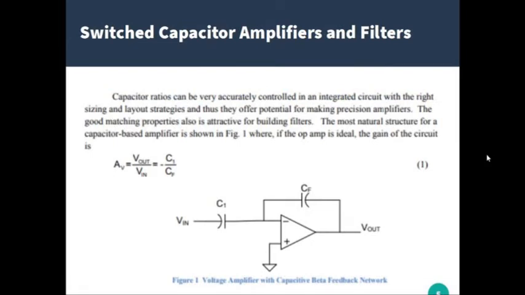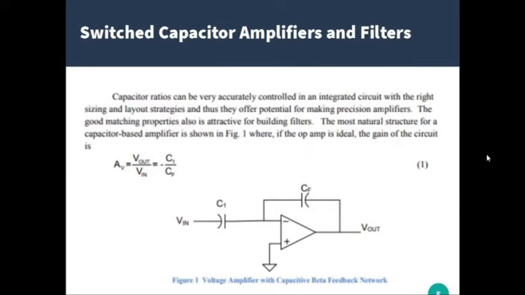So for our very first amplifier, we have figure 1 here, voltage amplifier with capacitive feedback network. Okay, capacitor ratios can be very accurately controlled in an integrated circuit with the right sizing and layout strategies, and thus they offer potential for making precision amplifiers. So the good matching properties are also attractive for building filters.